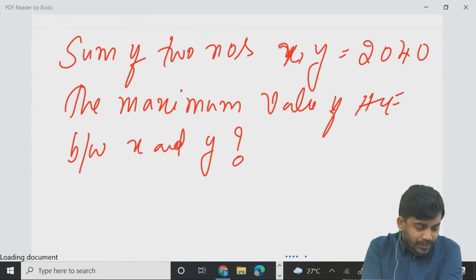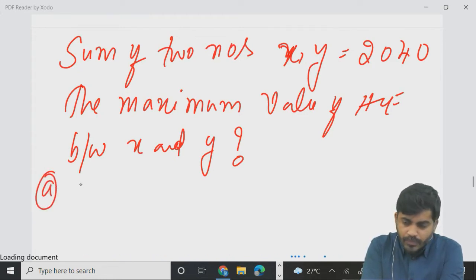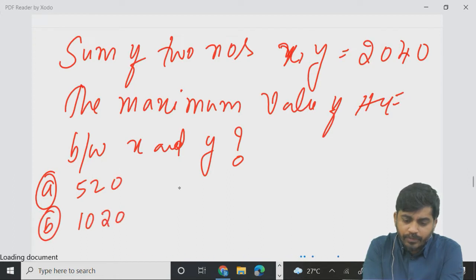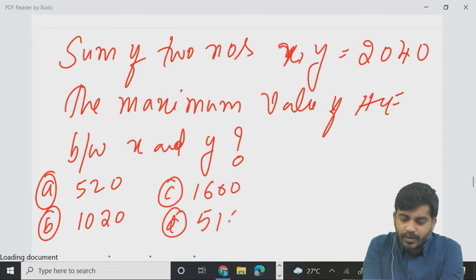I'll give options. First option is 520. Second option is 1020. Third option is 1600. Option D is 510.